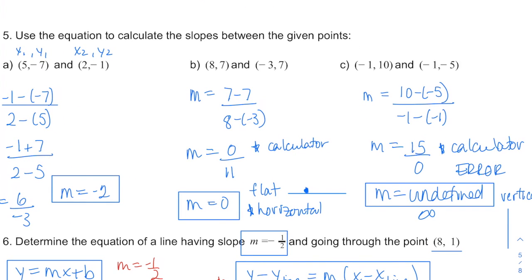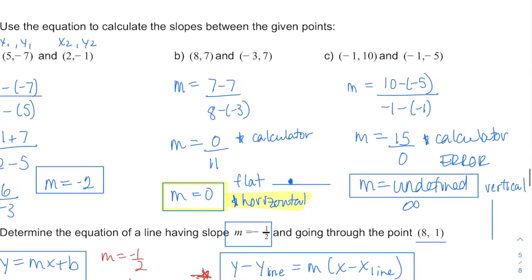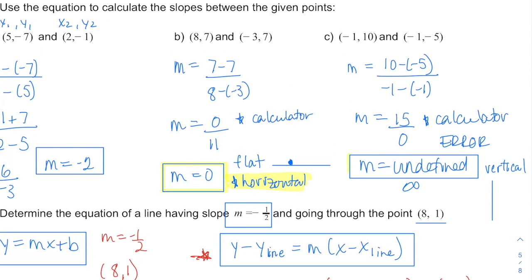This is something that we need to associate with a horizontal line. In the case where we calculate our slope to be 0, we know that our line is horizontal. Similarly, if I ever get a calculation where my slope is undefined, or in other words, a denominator of 0 in my slope calculation, I need to remember that the line is vertical.